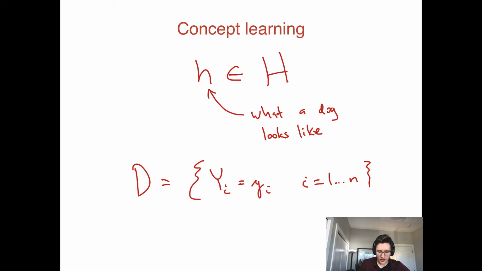The notation I'm using here is a set of observations, y_i equals small y_i, for these particular values of i. So this, in principle, encapsulates any kind of learning problem.